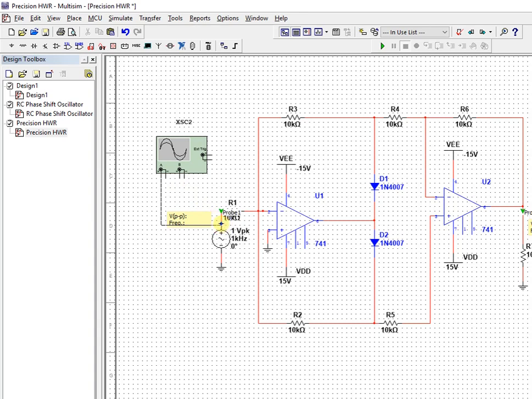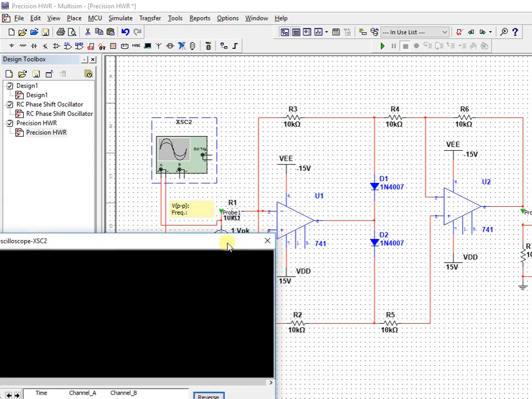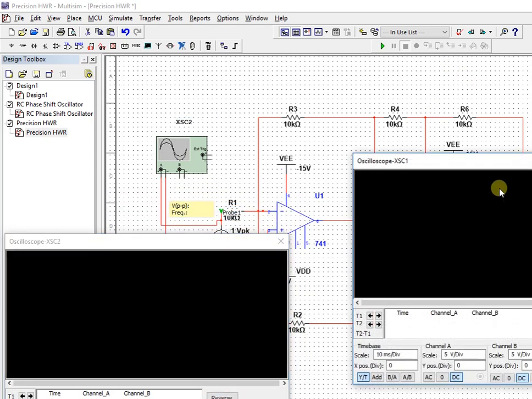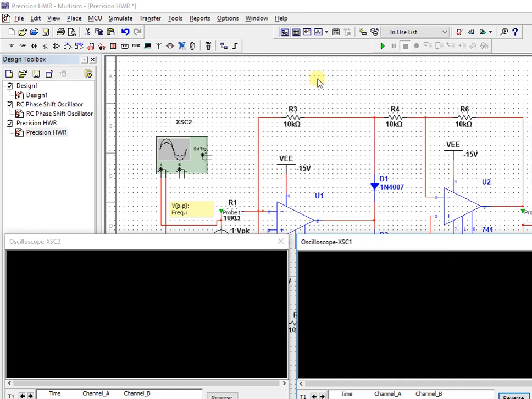So you have to select channel A in both the oscilloscopes, and since it is a precision rectifier, input has to be AC, output has to be DC, so you have to select that correctly. On the left is my input oscilloscope, on the right is my output.